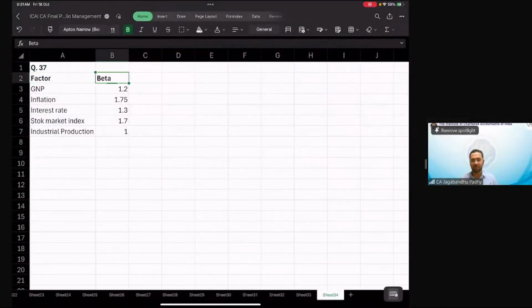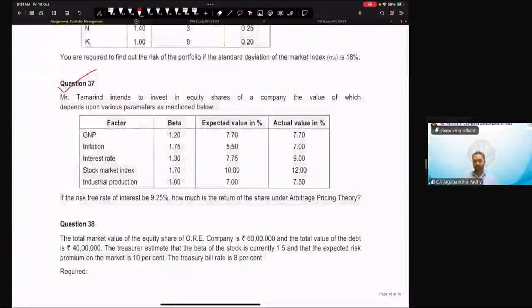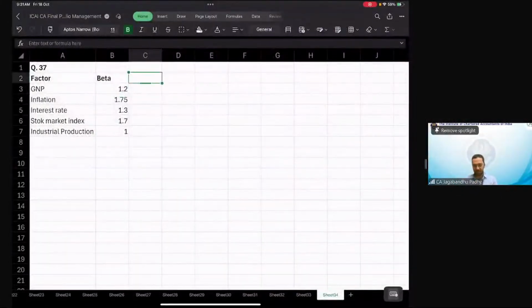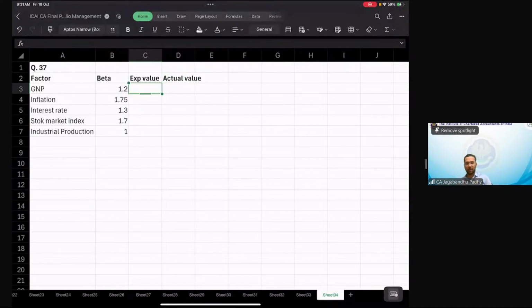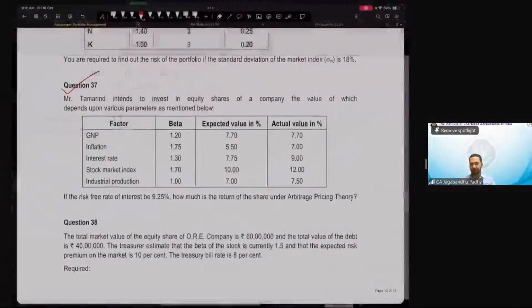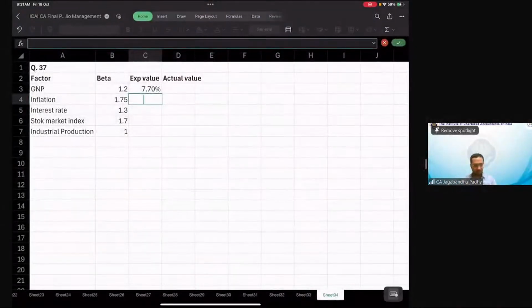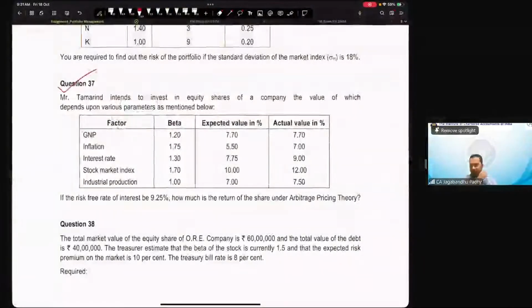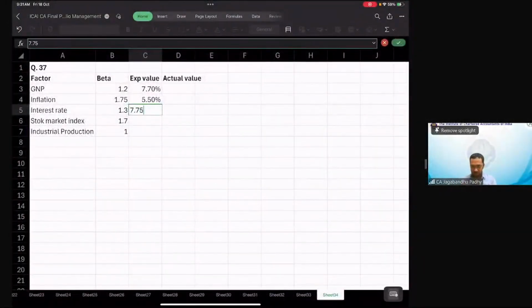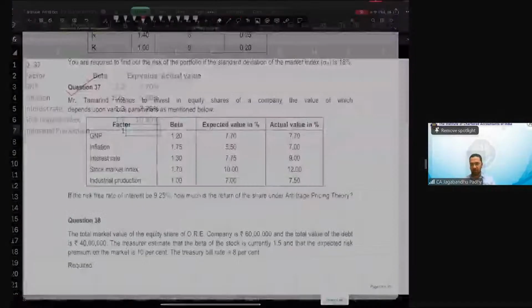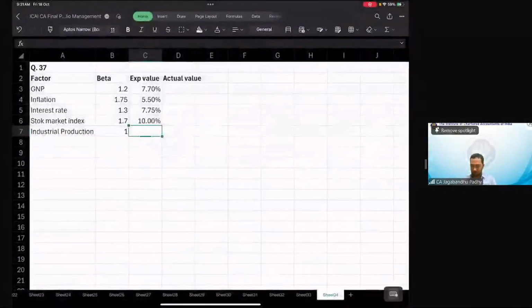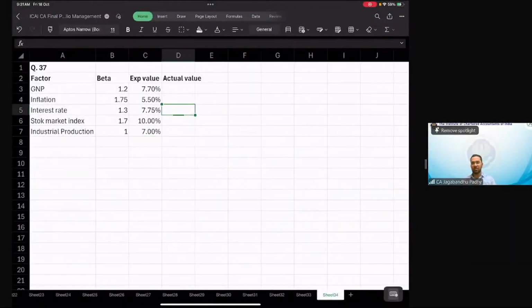And then they have given us the expected values and actual values. The expected values are 7.70%, 5.50%, 7.75%, 10%, 7%.